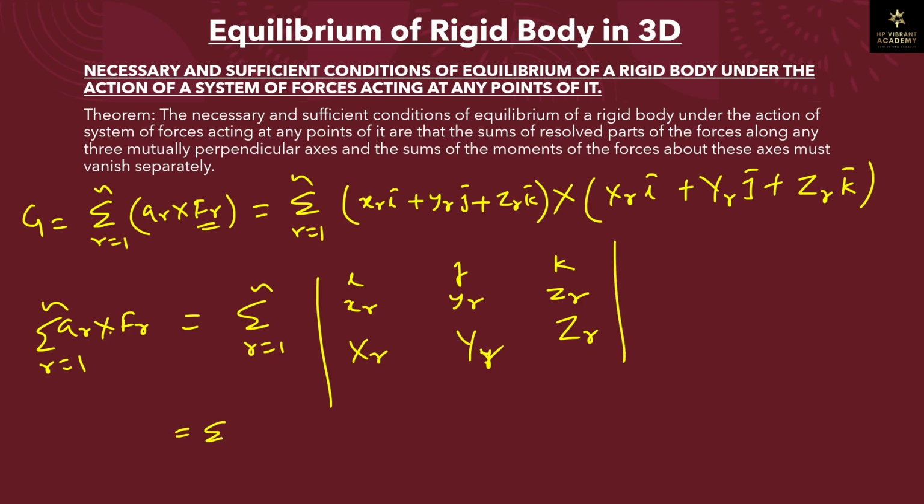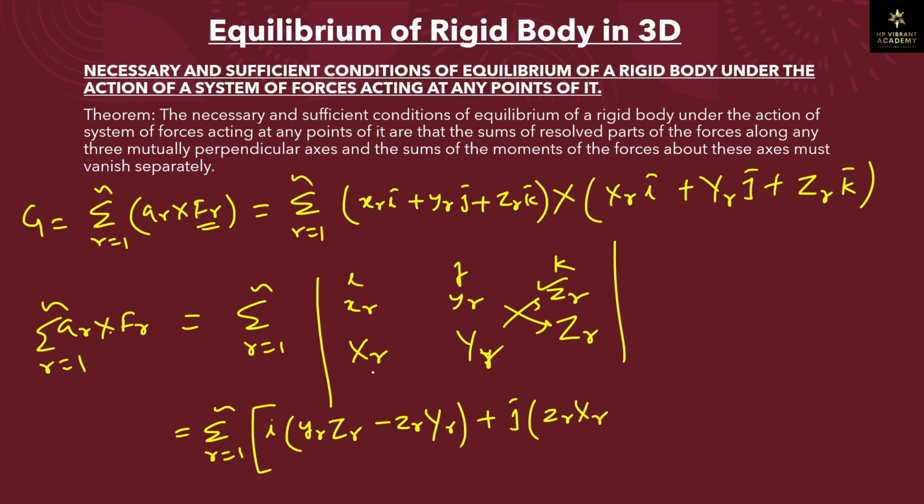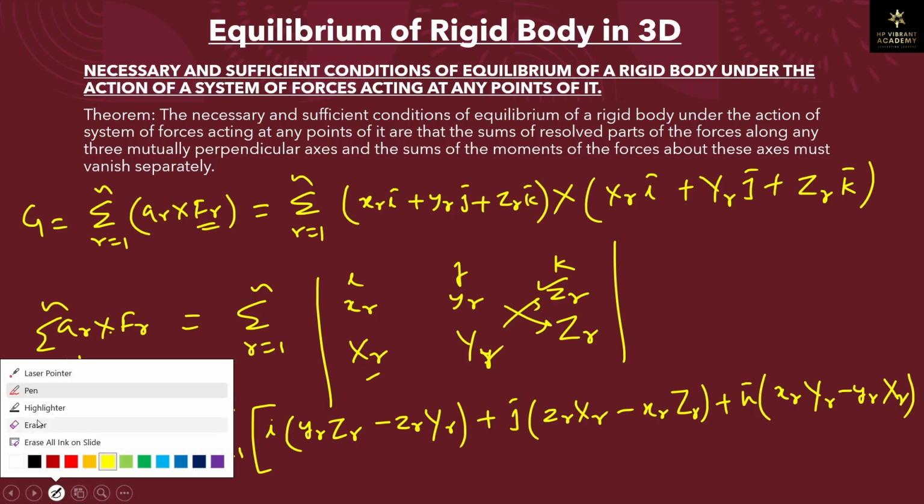So this is equal to the summation R is equal to 1 to N. This is I cap times (YR into capital ZR minus ZR into capital YR), plus J cap times (ZR into capital XR minus XR into capital ZR), plus K cap times (XR into capital YR minus YR into capital XR). Okay, let us further simplify this.